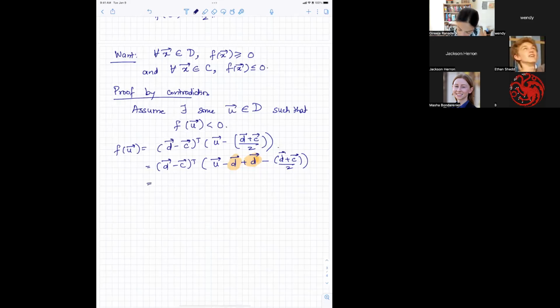But it allows me to pull this out and write this expression as (D minus C) transpose (u minus D). And then just simplifying the term here, pulling that D in, I can write this as plus 1/2 (D minus C).